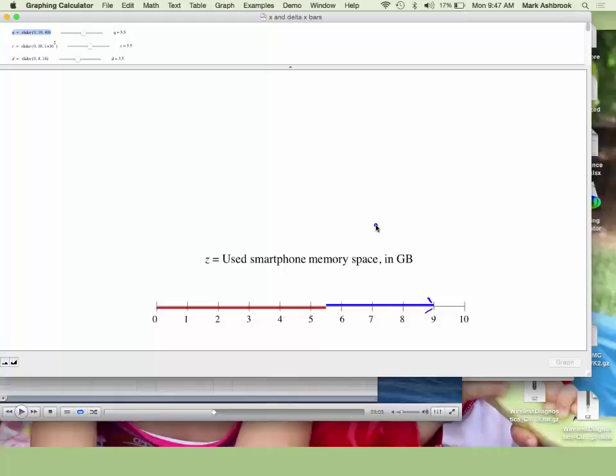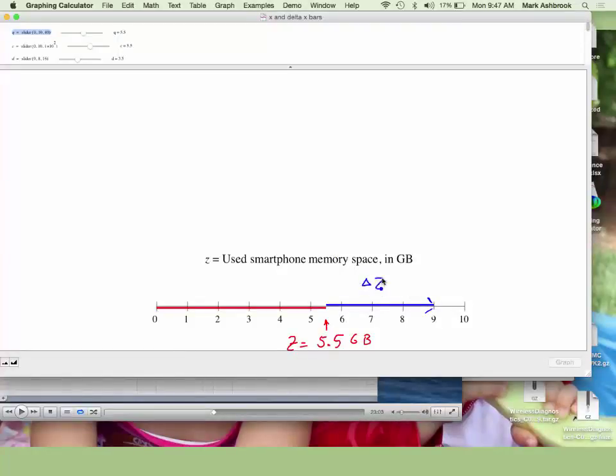That we had 5.5 gigabytes of data used, and we are about to use 3.5 more gigabytes. He said we're at 5.5 gigabytes used on the smartphone, and then what happened?